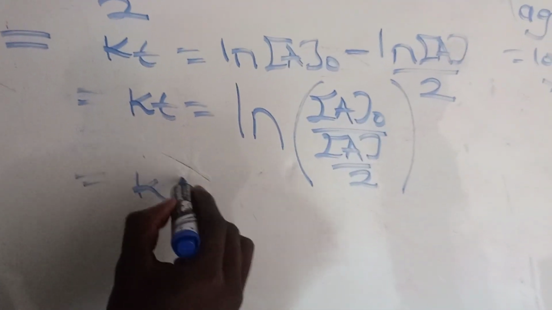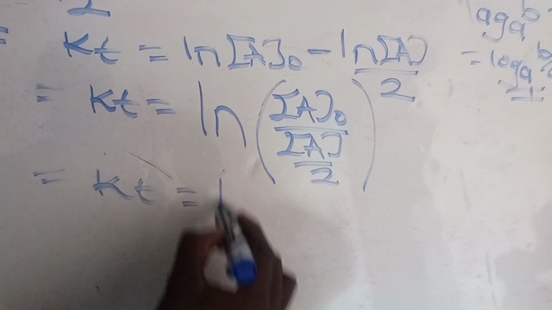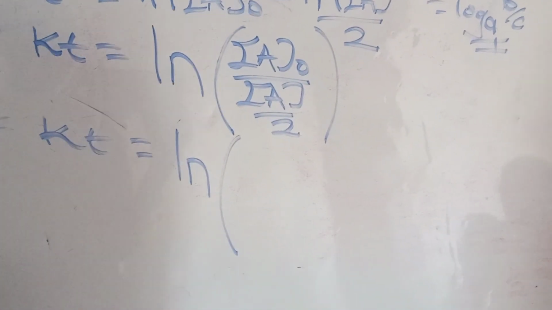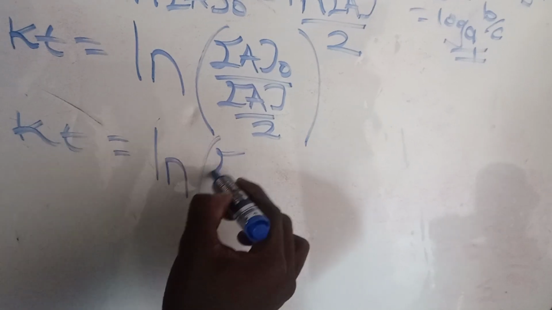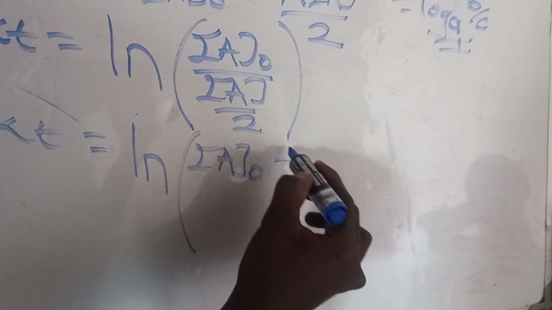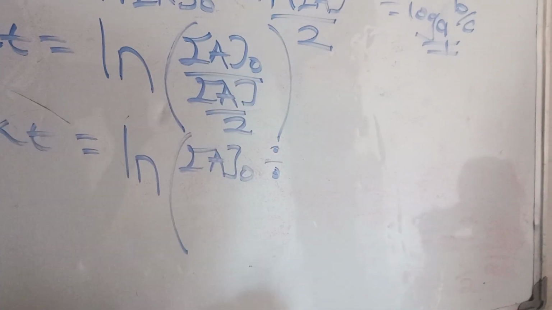Going again, we say kt is equal to the ln. What will happen there? We'll do some mathematics. We have the initial concentration there, divided by, you all agree with me what is taking place here?